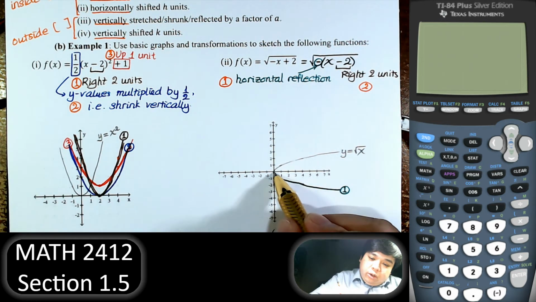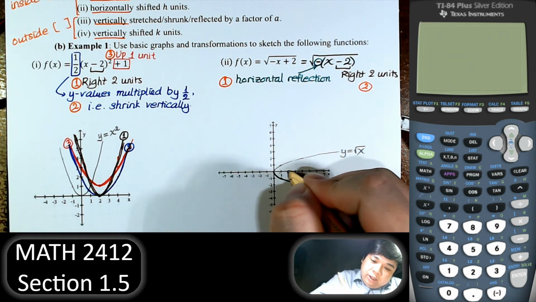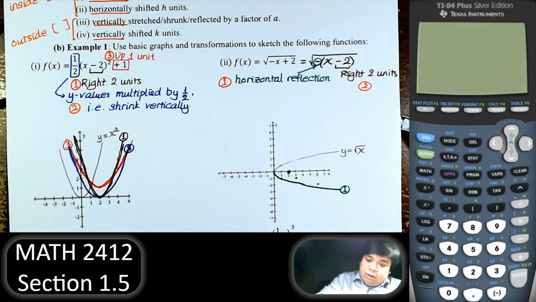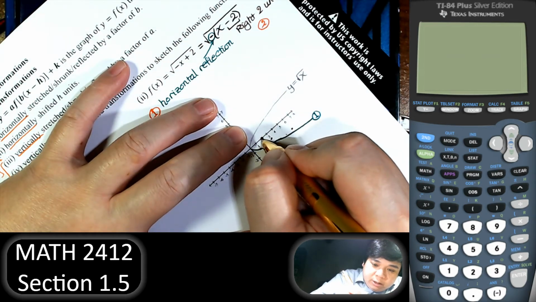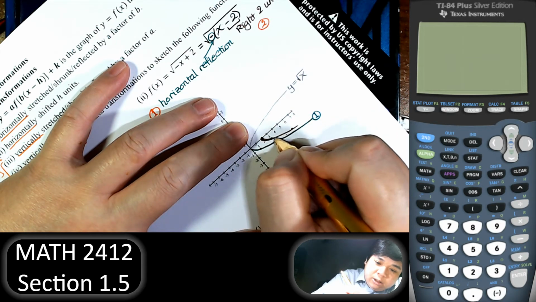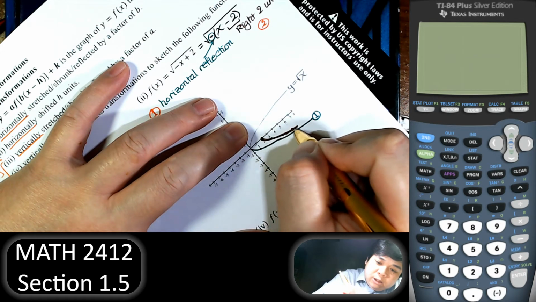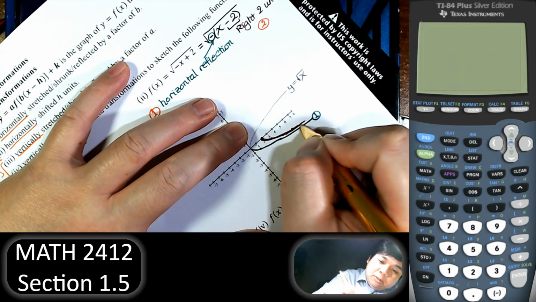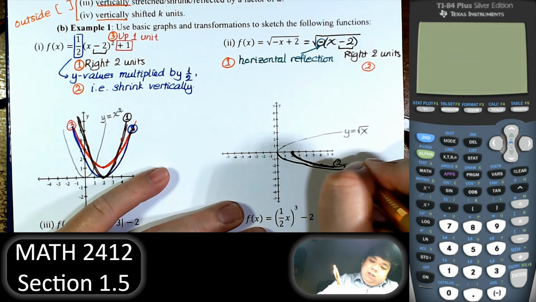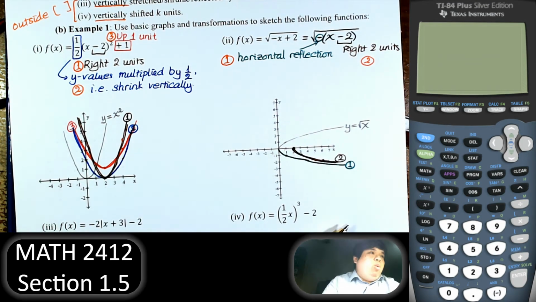So that point 1, 2. And then this point 1, 2. This 1, 2. So that is the final graph.